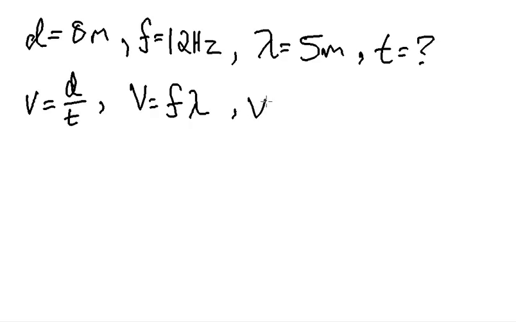So since we know that velocity is equal to velocity, we can say that the distance the wave travels divided by the time it took to travel that distance is equal to the frequency of that wave multiplied by its wavelength. This was the answer to the do now question from last week, or it might have been 2 weeks ago. So we're solving for t here.